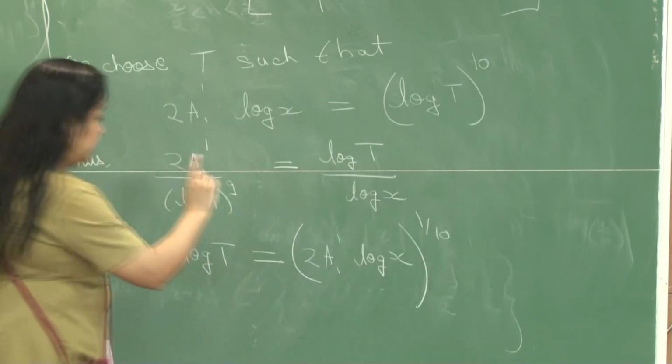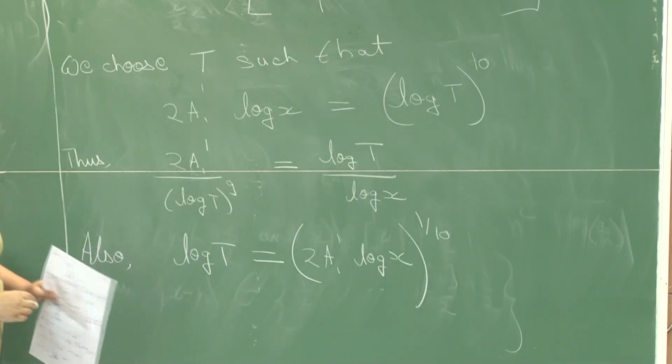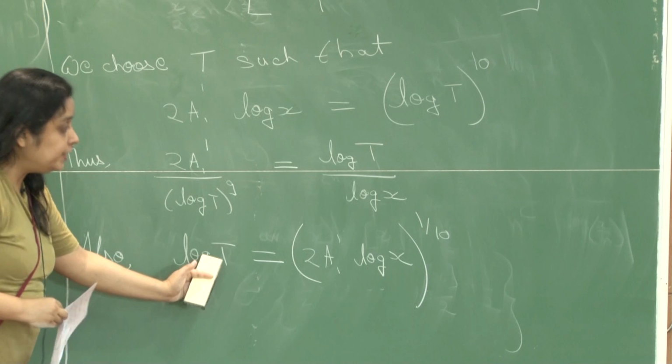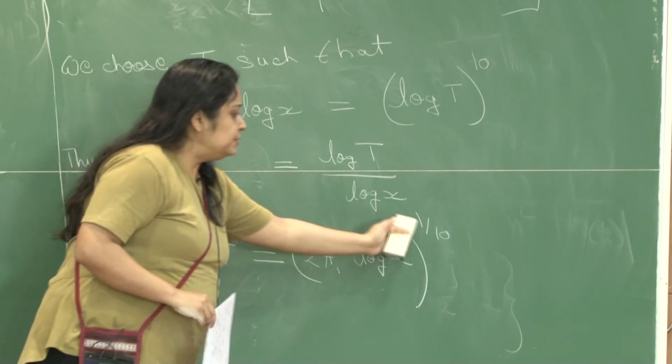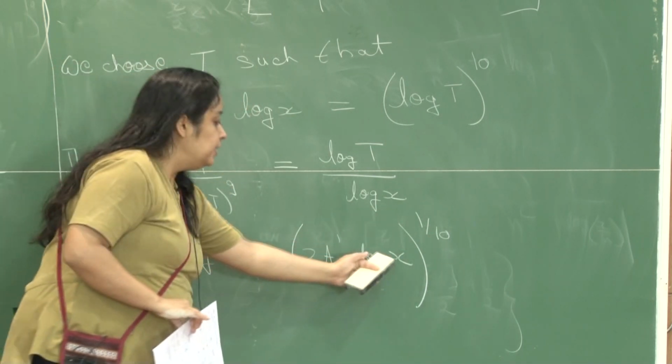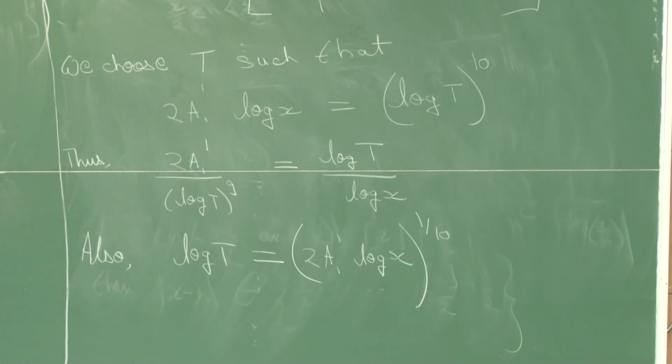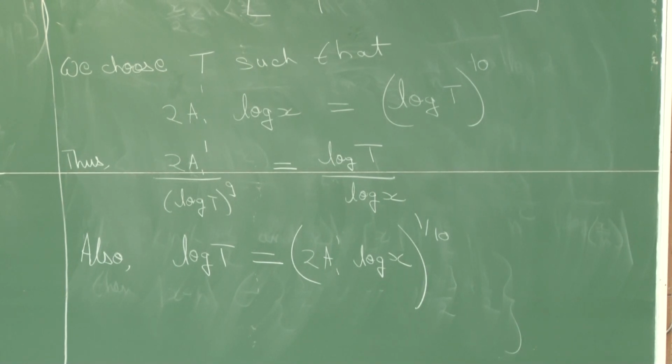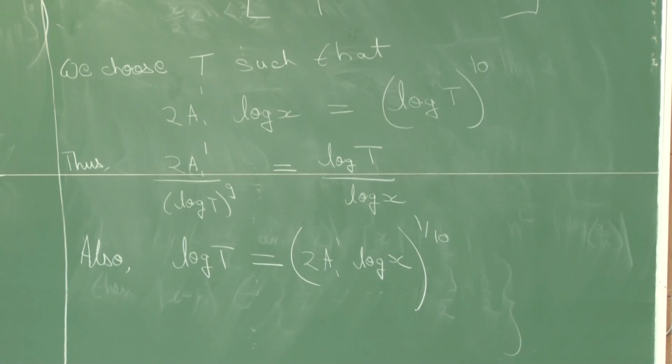So roughly speaking, we are going to choose t in such a way such that log t is approximately 1/10 of log x. How does this help us? This choice of t makes our error term work.